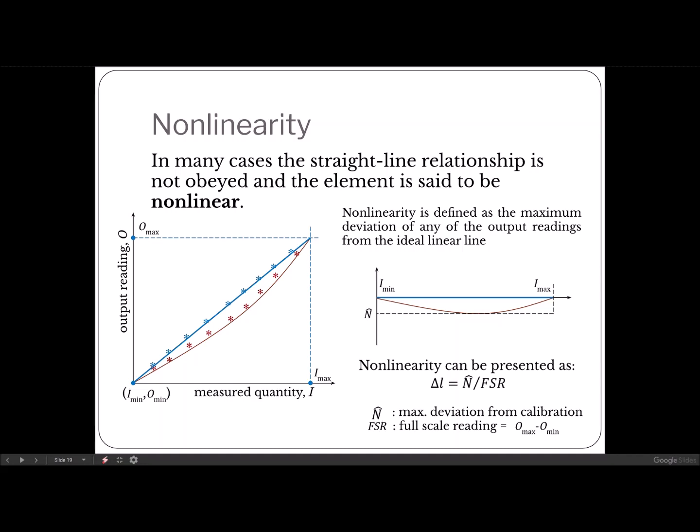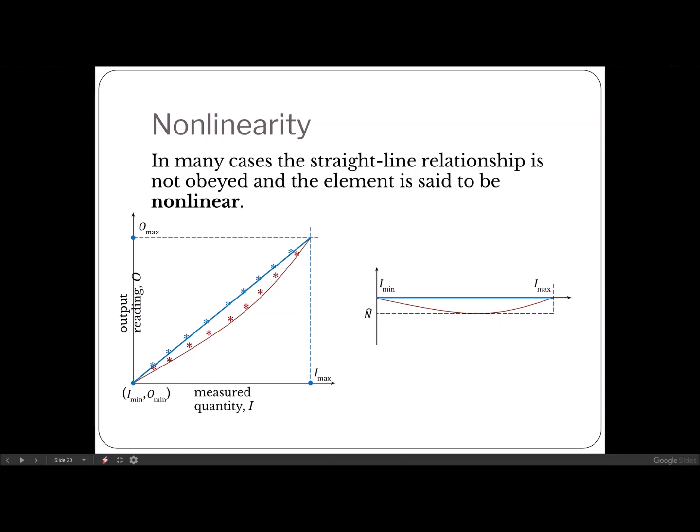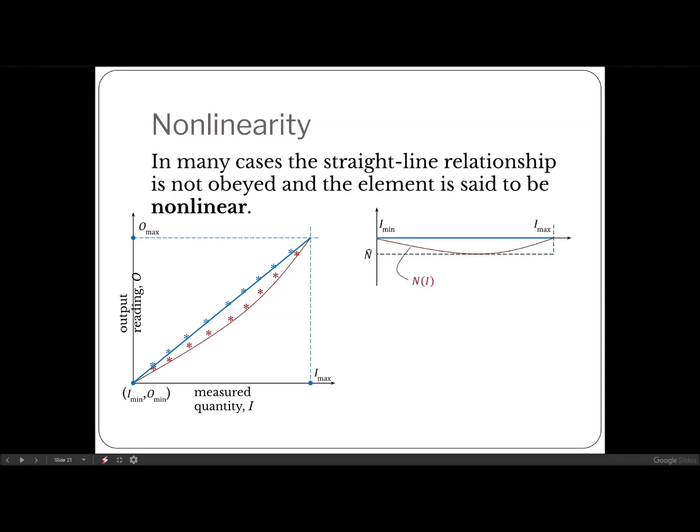But the higher the nonlinearity, the higher the measurement error you can expect in your measurement. Let me plot it again here. N of i, the one that we plotted, represents the non-linear component of your measurement device.